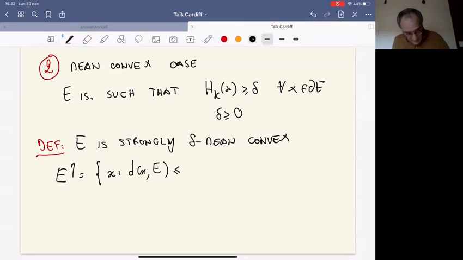So you take some enlarged set, and it satisfies h_k greater or equal than delta for all eta small enough.